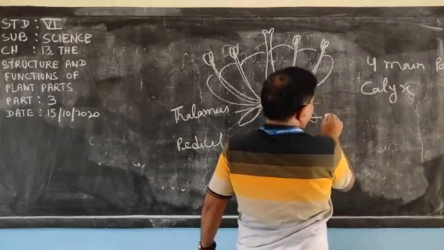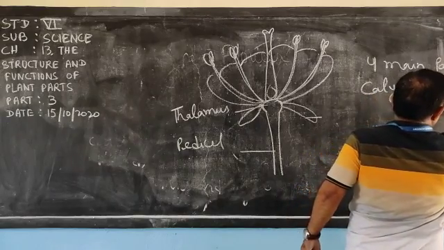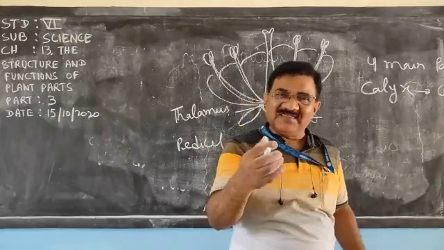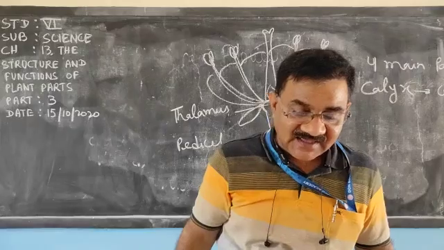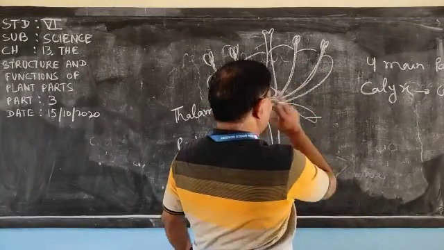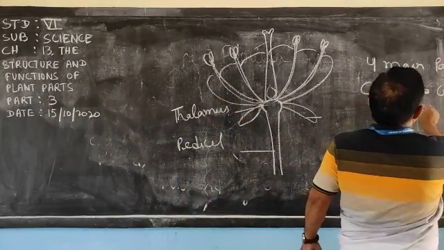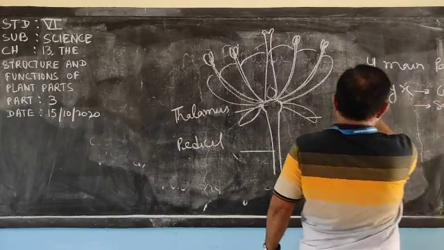This is the calyx, green in color, and its function is protection of the plant. When the plant is in the bud stage, it is protected by the calyx. The whole is called calyx, and one unit is called a sepal.